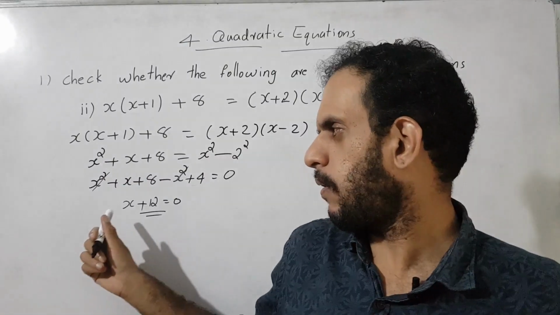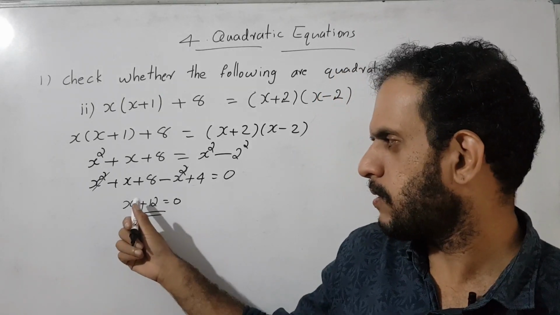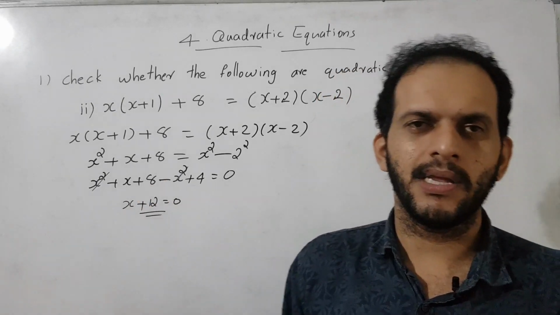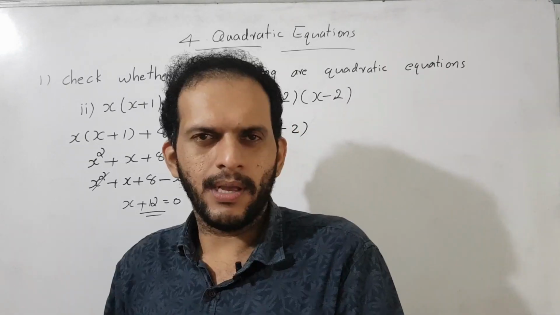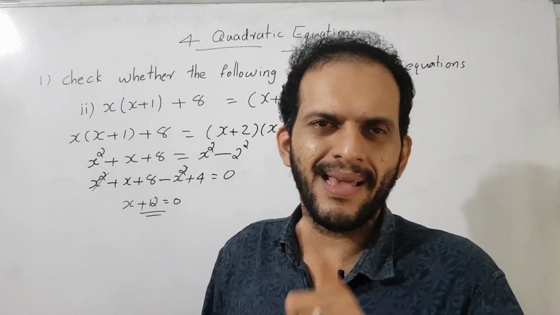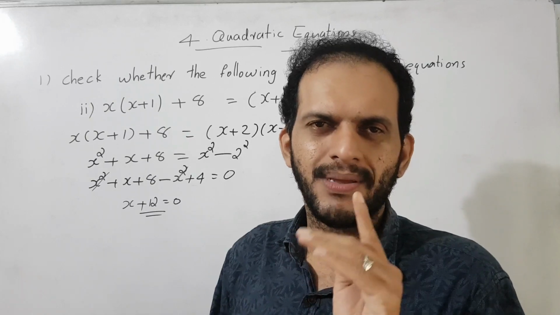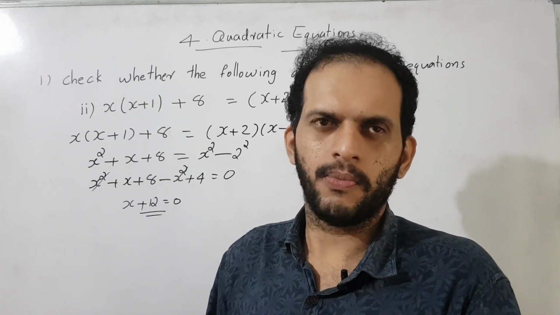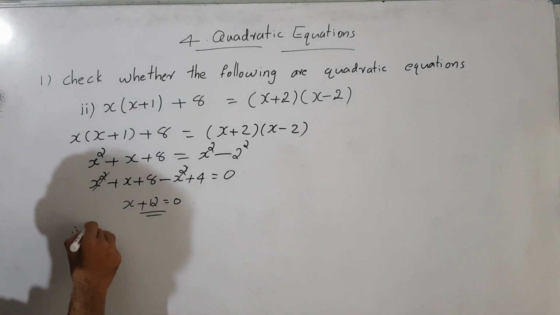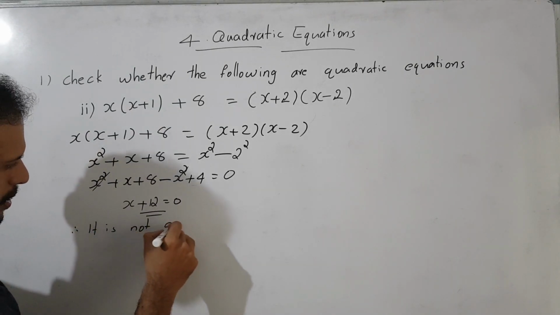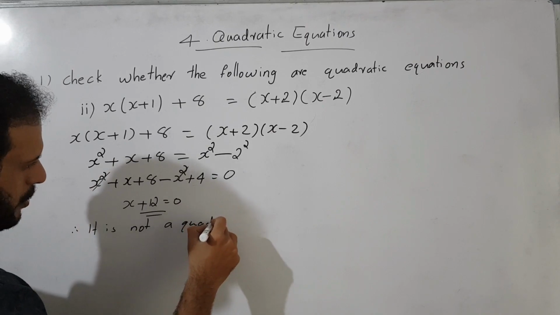The highest power, the degree of this equation, is 1. It is a linear equation, not a quadratic. So this one is not in the standard form ax square plus bx plus c is equal to 0. Then what is the answer? Therefore it is not a quadratic equation.